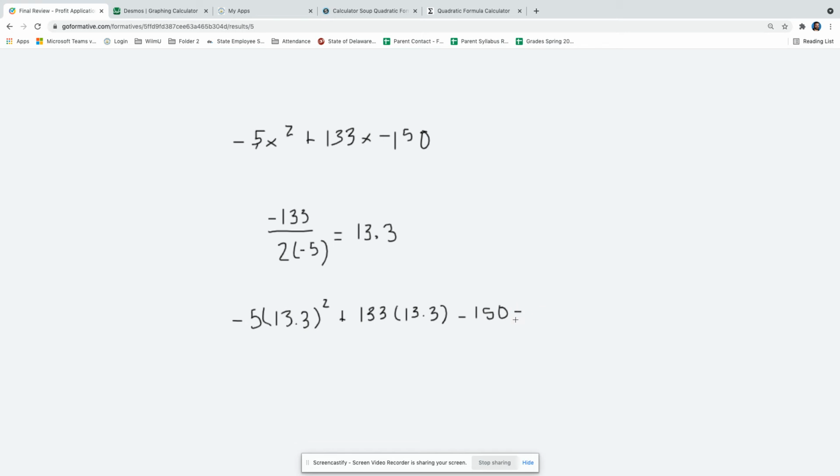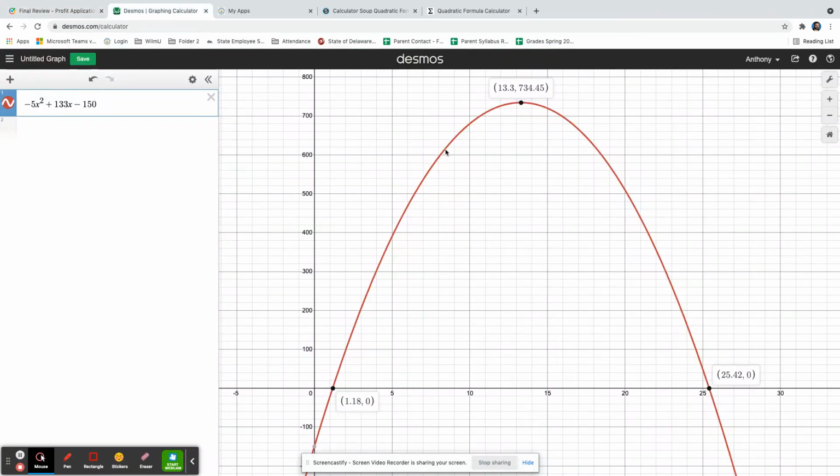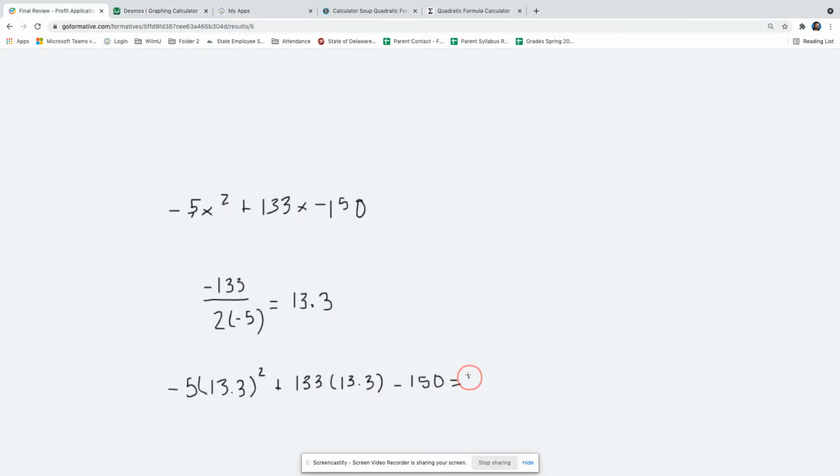And when I do that, I'm going to end up with the same value, 734.45. So 13.3, comma, 734.45. Good evidence for this could be pasting your graph in, all that kind of stuff.